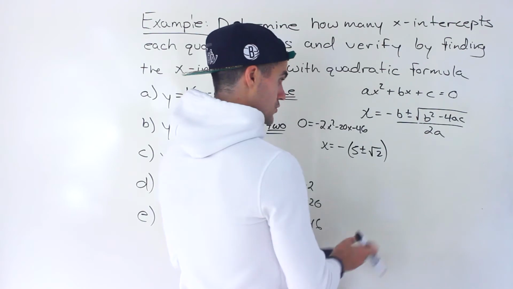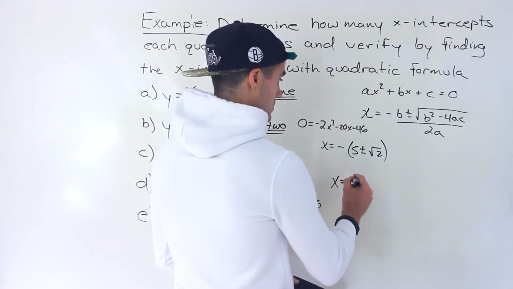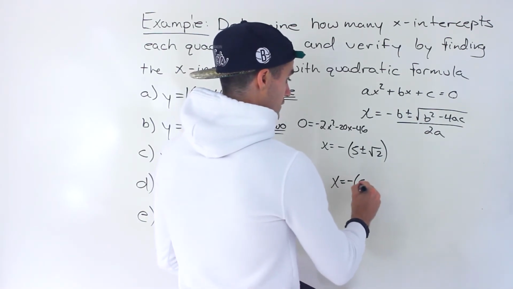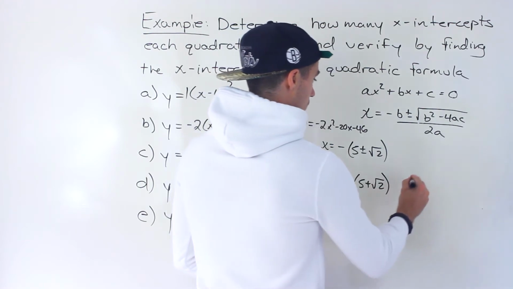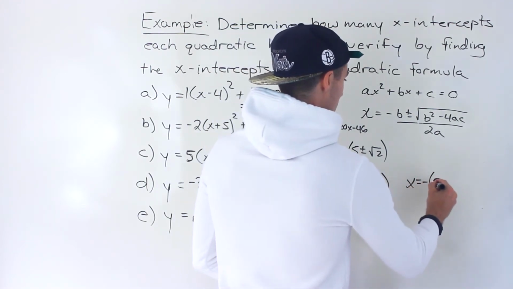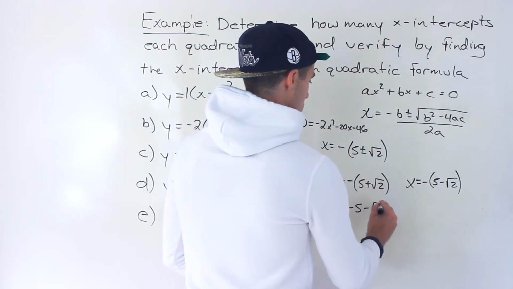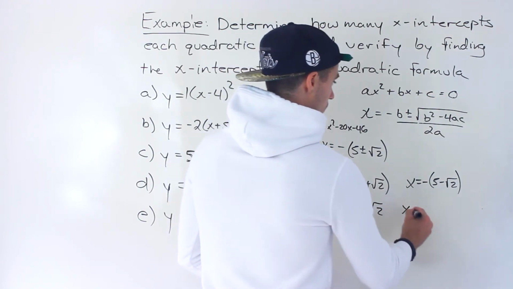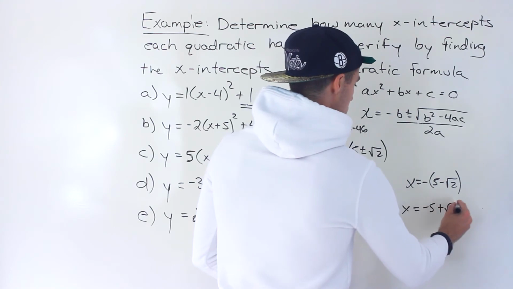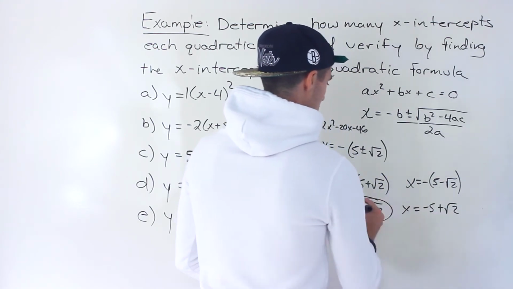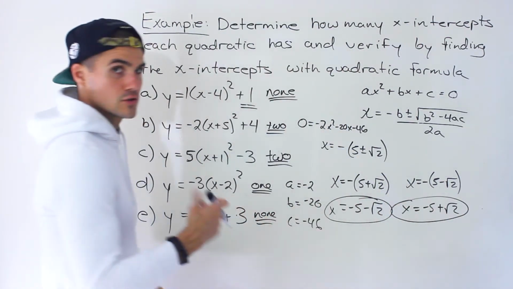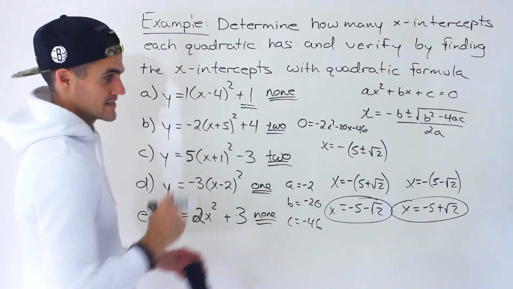So there's two solutions. Either x equals negative 5 plus root 2, or x equals negative 5 minus root 2. So those right there end up being the two x-intercepts as exact value.